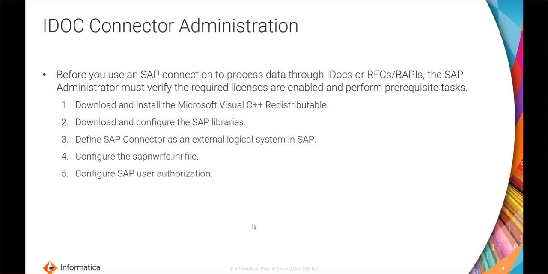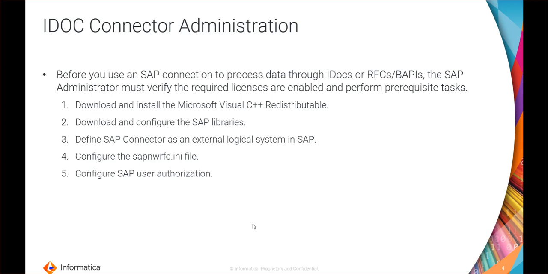This step includes downloading the SAP RFC SDK libraries as well as the SAP JCo libraries, and placing them in the particular location. For the JCo libraries, we have to maintain a Java lib property at the Data Integration Server also. All this is explained in detail in the product documentation, which I will show at the end. The third step is defining the SAP connector as an external logical system in SAP. This step involves creating a partner profile, port, and RFC connection.